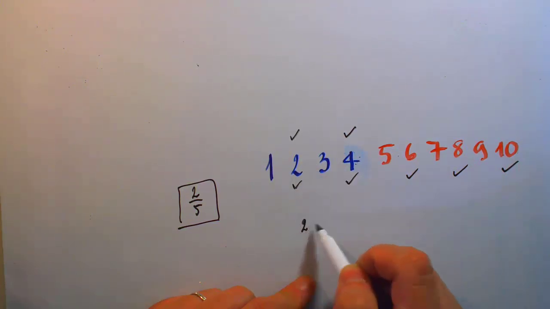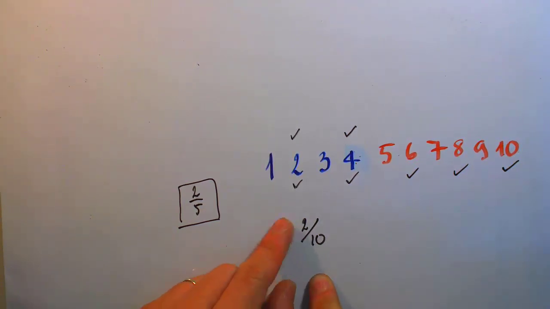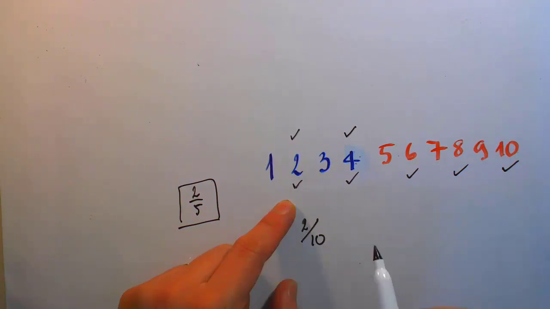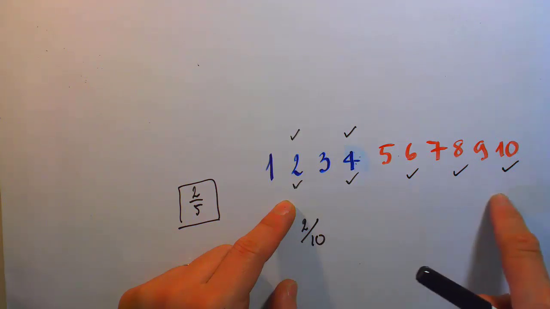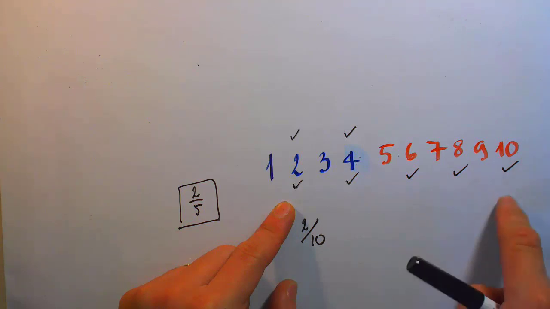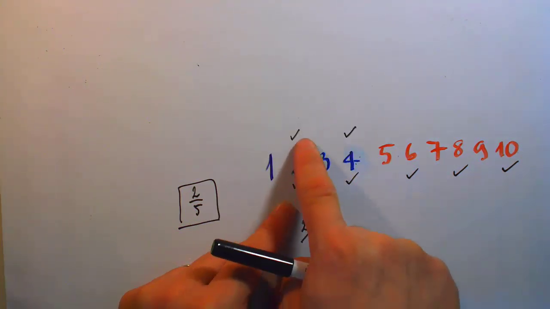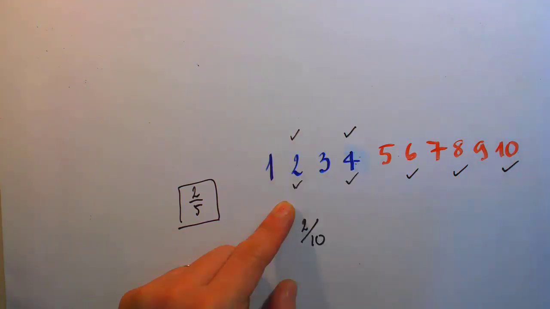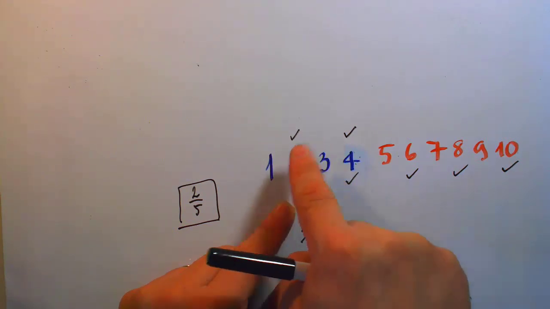What is this ratio 2 out of 10 indicating? Remember, the checks at the bottom are those that meet the requirement of being an even number. The checks on top of the markers I labeled indicate that these 2 markers also, and remember I use the term also, qualify for the other property of being a blue number.